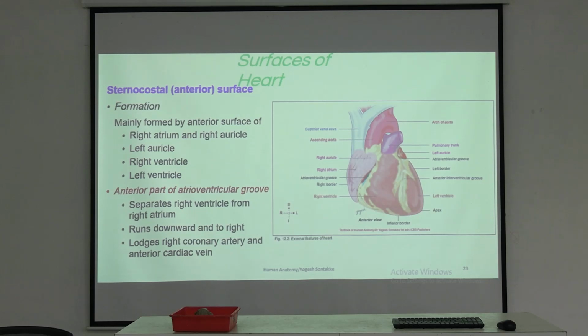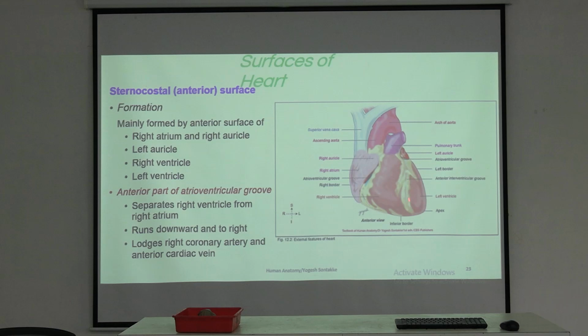And on this surface we can find one groove here in between the atrium and the ventricle. This groove is called the anterior part of the atrioventricular groove. Similarly, on this side, we can find another groove between the left atrium, the left auricle and the ventricle. So, this is the left part of the atrioventricular groove.